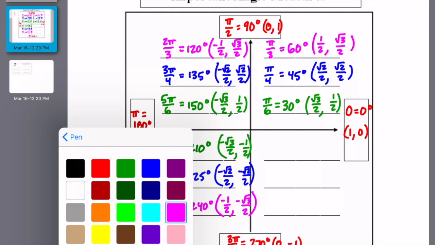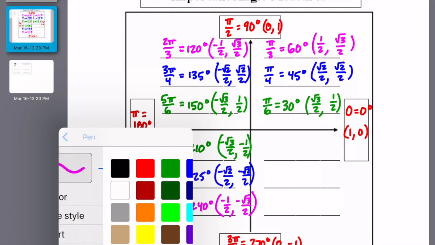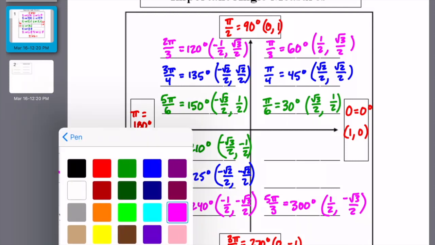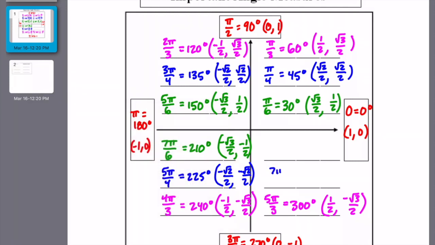In quadrant 4, next we're going to go to 300 degrees, which corresponds to 5 pi over 3. Now the x value is positive, so we have positive 1/2 and a negative root 3 over 2. Then we get to 7 pi over 4, which is 315 degrees, and we have (positive root 2 over 2, negative root 2 over 2).